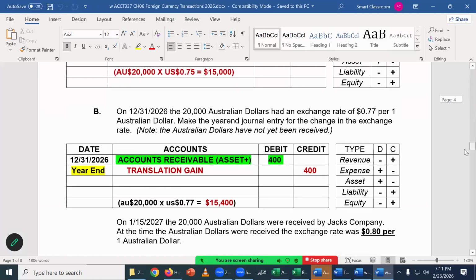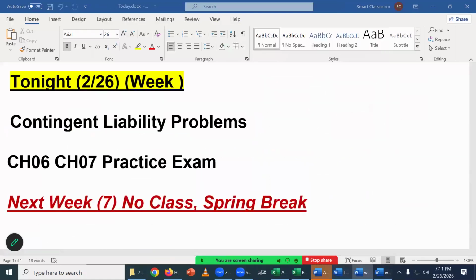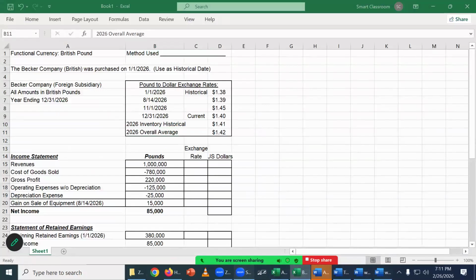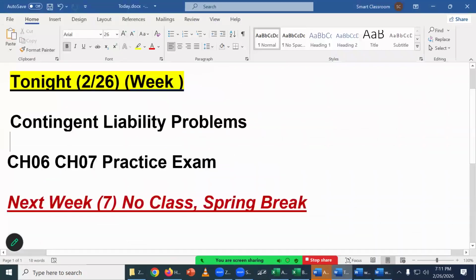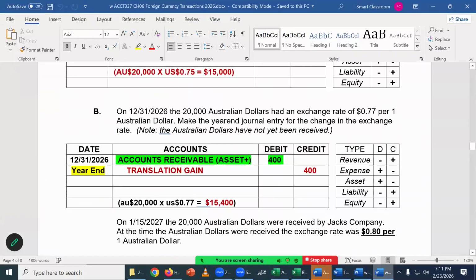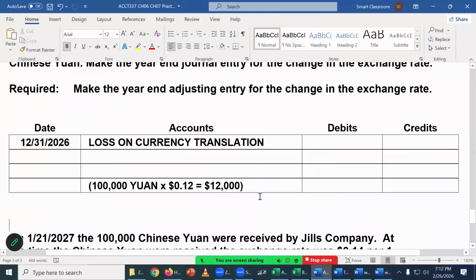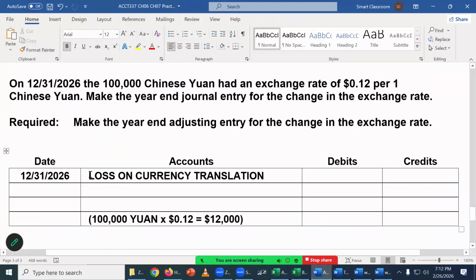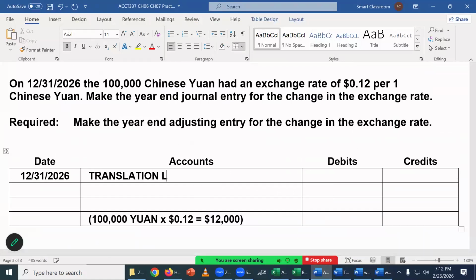Oh, I said translation loss. I'm changing that just to translation loss. That's much more succinct.